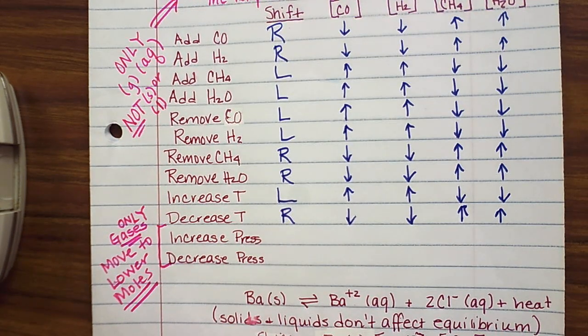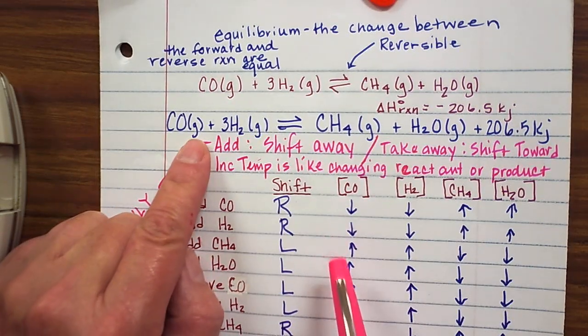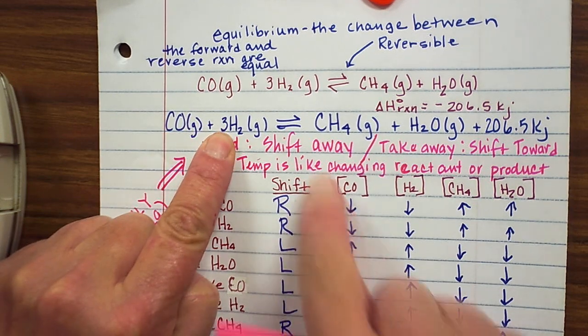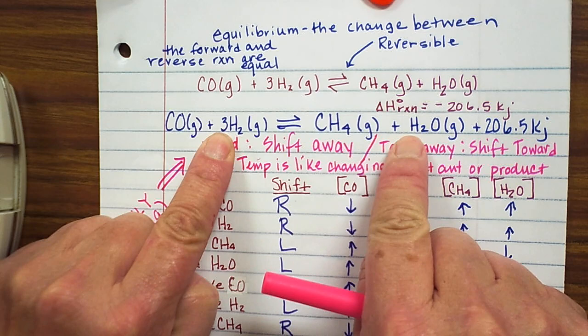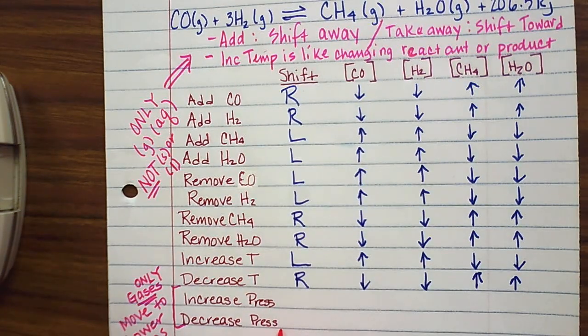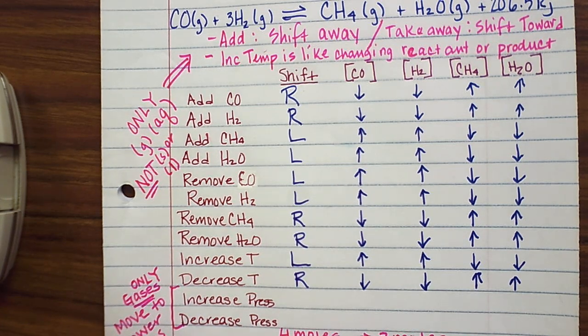So let's take a look at this, okay? Here I have 1 mole here and 3 moles here. And here I have 1 mole here and 1 mole here. So in this case, I have 4 moles going to 2 moles. So by increasing the pressure, we're going to shift right.